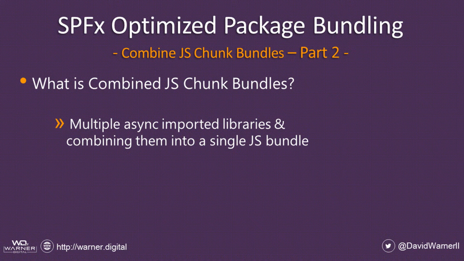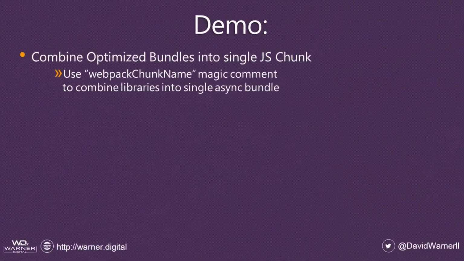What if we wanted to combine them into a single asynchronous bundle? So let's take a look at a demo of how we can combine our optimized bundles into a single JavaScript chunk bundle. We're still going to utilize the Webpack chunk name magic comment, but we're going to combine these two separate libraries into one single asynchronous bundle.